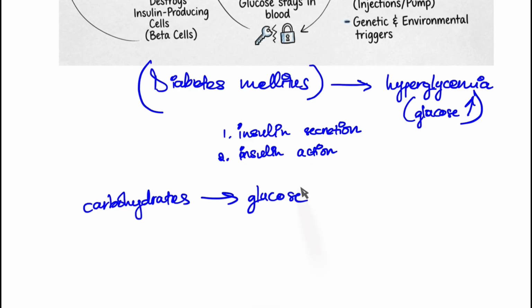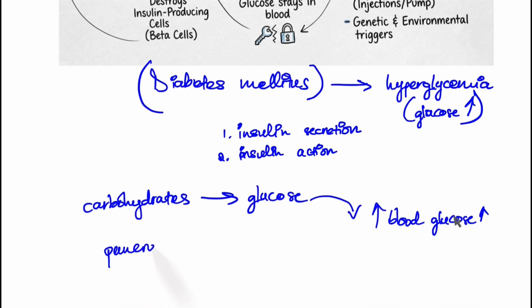So this glucose is absorbed into the bloodstream, causing the blood glucose levels to rise.